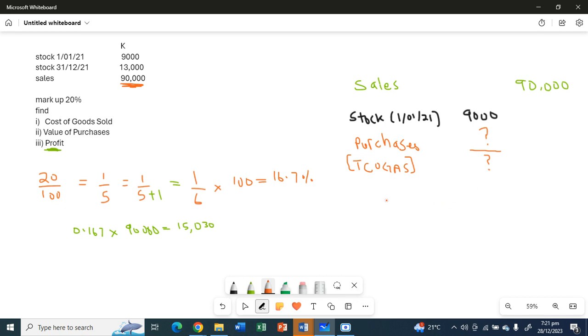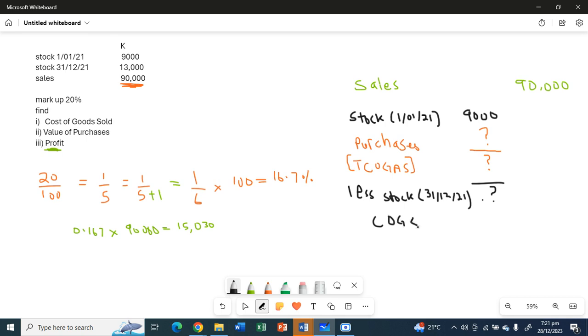Then you deduct, you say less the closing inventory. So you say less stock, 31st December 21. When you deduct this from the total cost of goods available for sale, that's when you get your cost of goods sold.